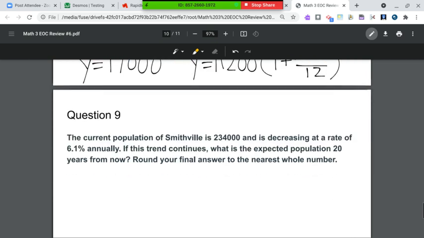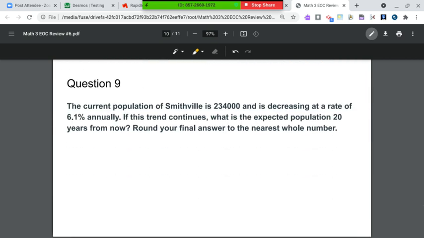All right, question number 9. The current population of Smithville is 234,000, and it's decreasing at a rate of 6.1% annually. If this trend continues, what is the expected population 20 years from now? This is a straight what kind of problem?